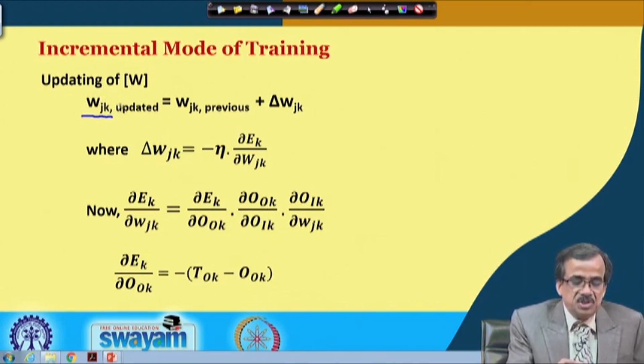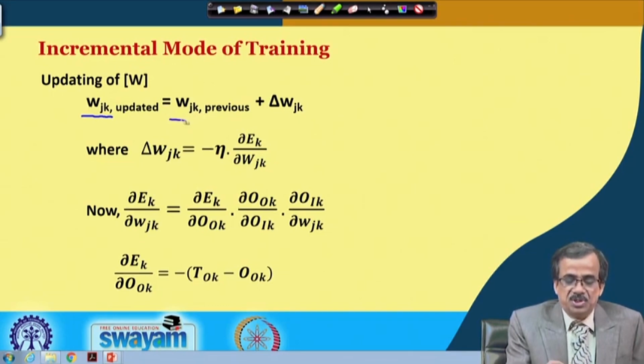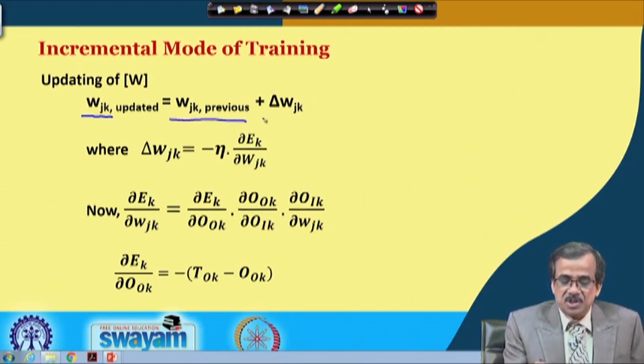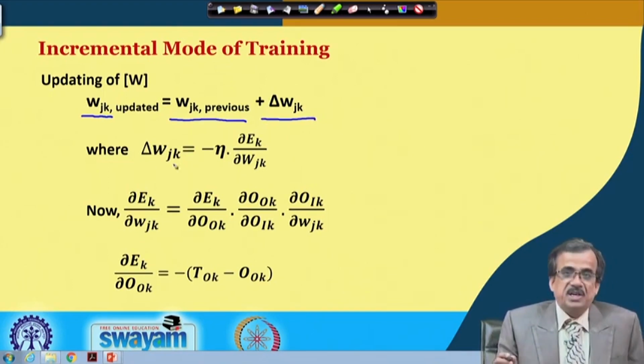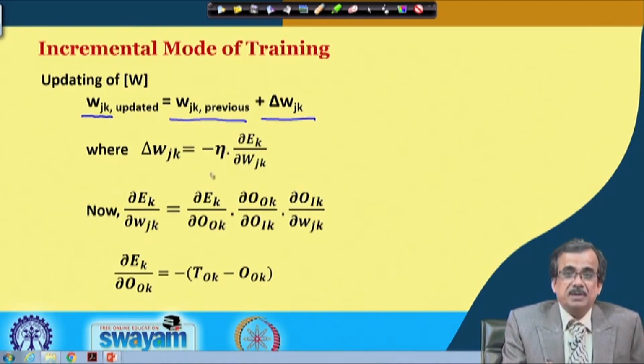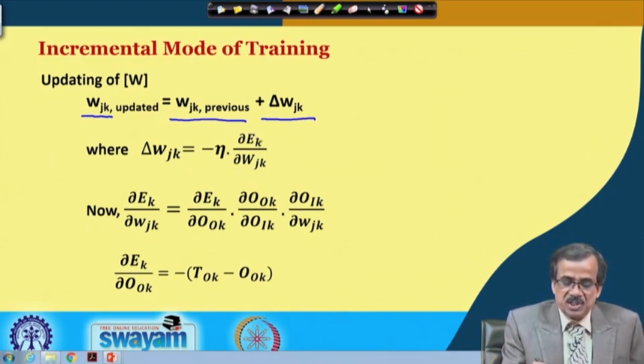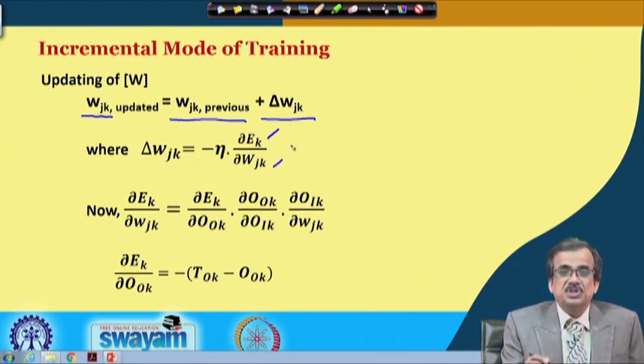Now, this updated Wjk is nothing but Wjk previous plus delta Wjk. Now, this delta Wjk is nothing but minus eta multiplied by the partial derivative of Ek with respect to Wjk. Now, let us see how to determine this.